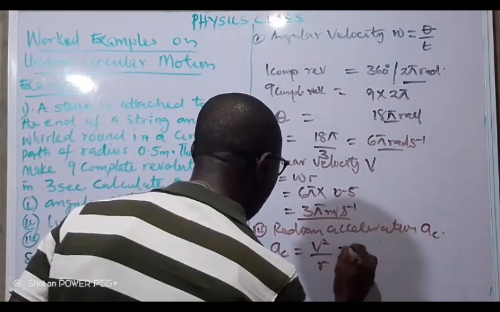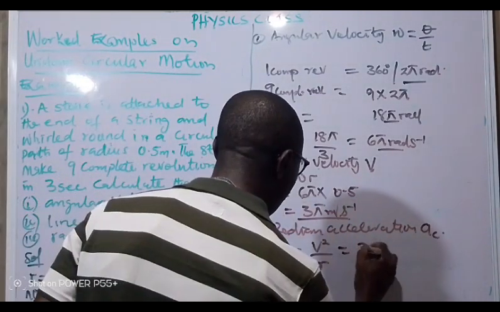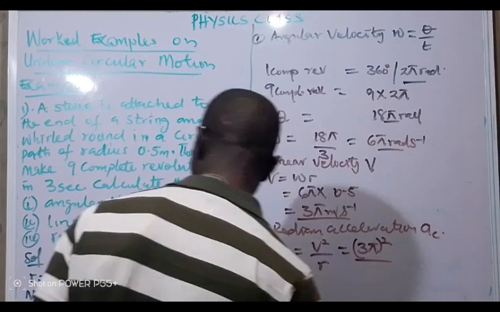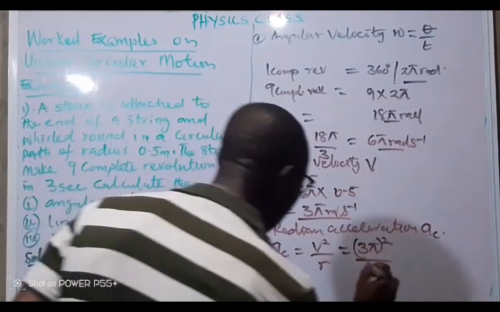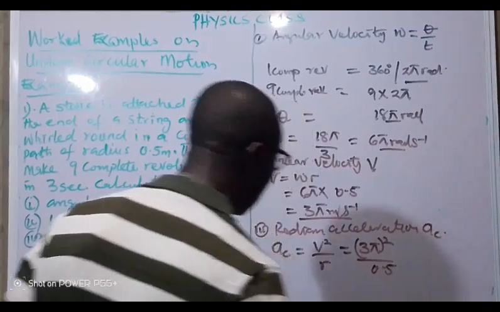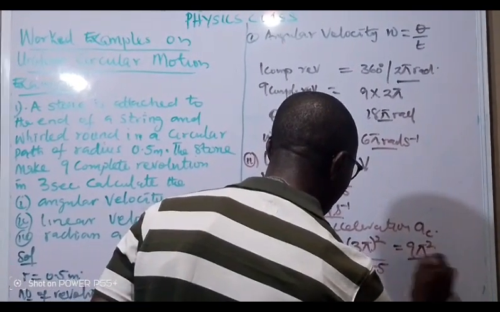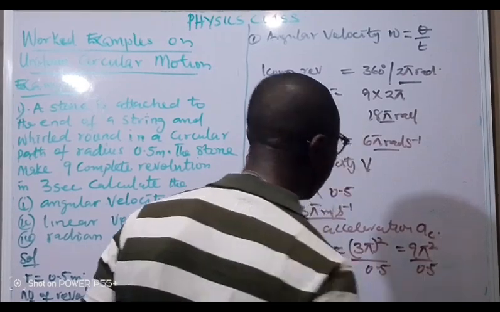So this will give us (3 pi) squared over 0.5, which is 9 pi squared over 0.5.